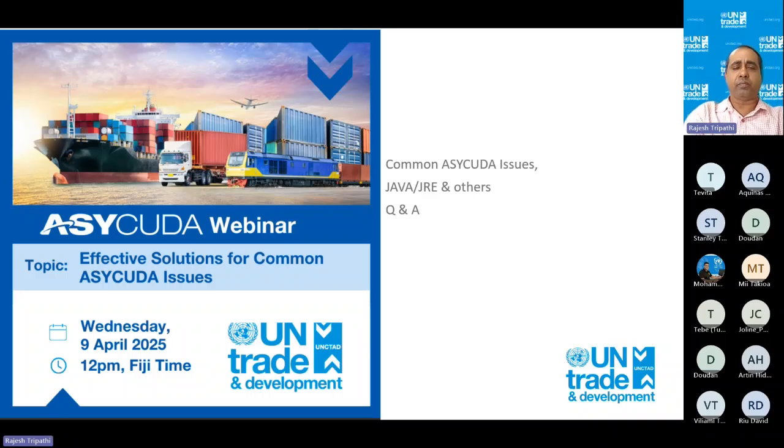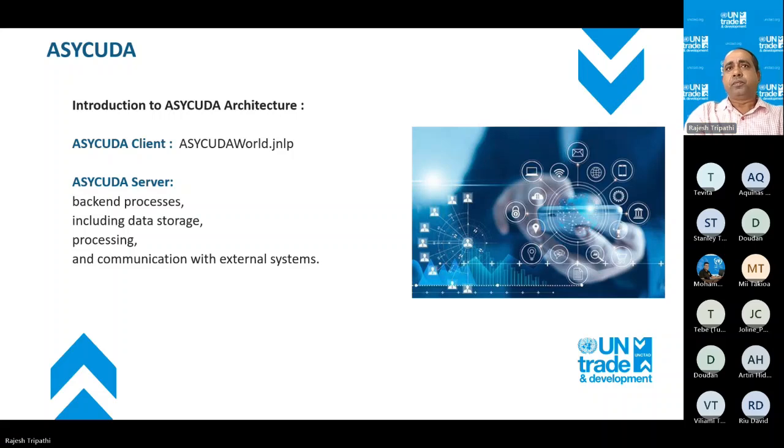So in today's talk show, we are going to talk about the Java issue that most of the users face while running the application. As you know, you are familiar with ASYCUDA already. So as you know, ASYCUDA in general, from users' perspective, it appears as a client-server application.